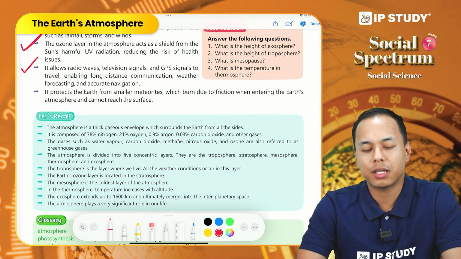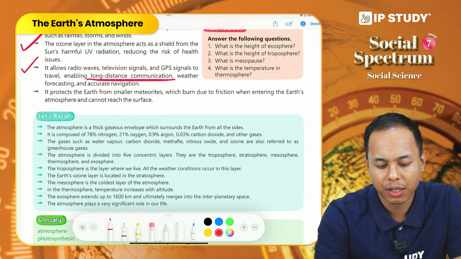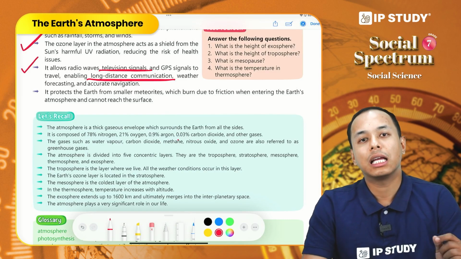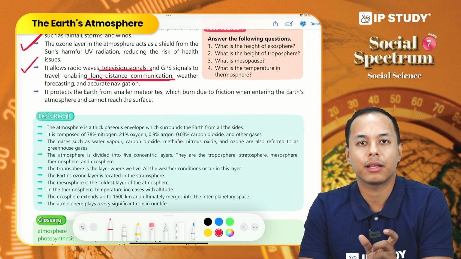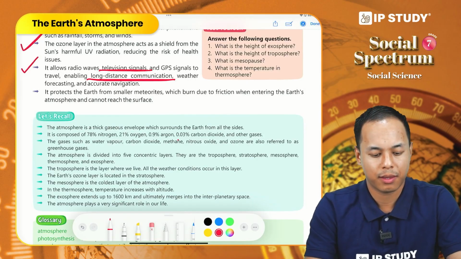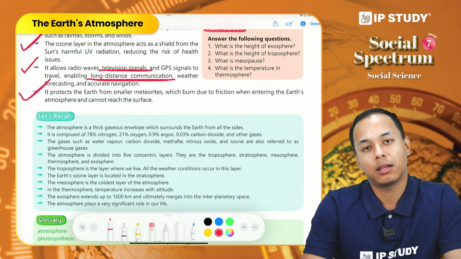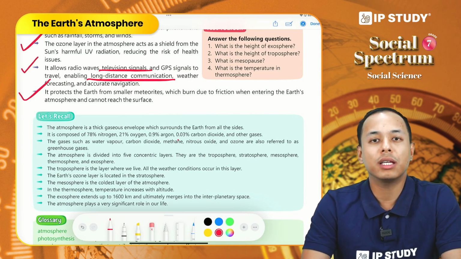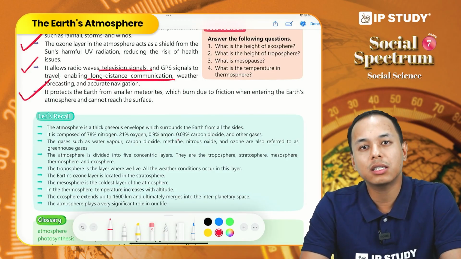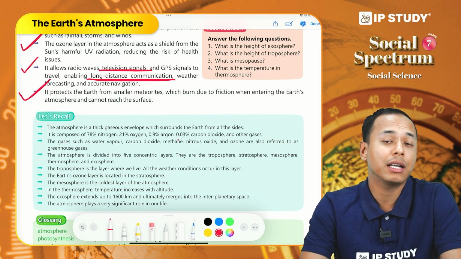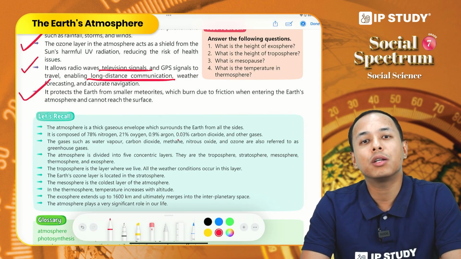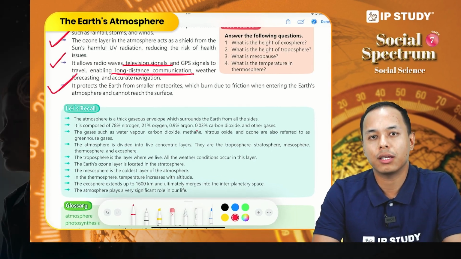All the GPS services, long distance communication and television signals depend on the atmosphere, or specifically the ionosphere. And lastly, it protects the earth from meteorites. As already discussed, it is in the mesosphere that meteorites burn up while entering from space. So it protects the earth from meteorites.